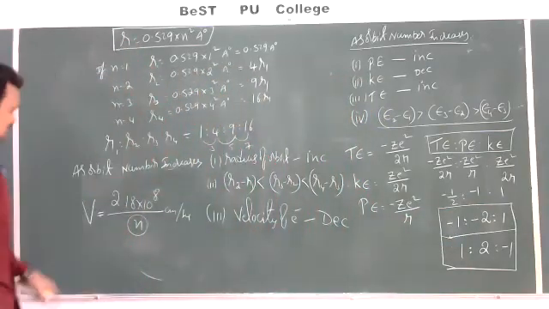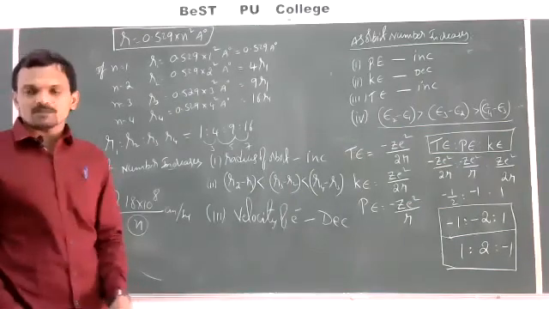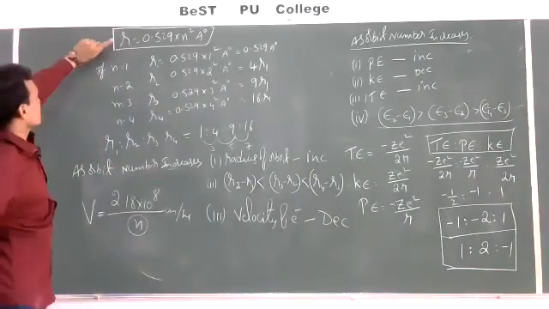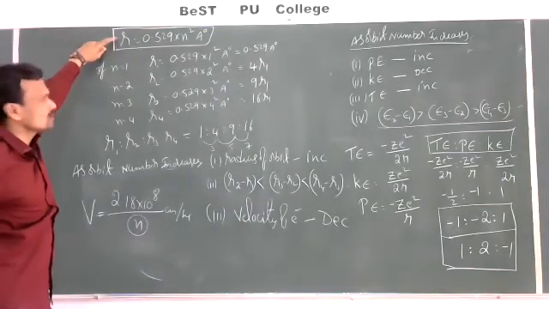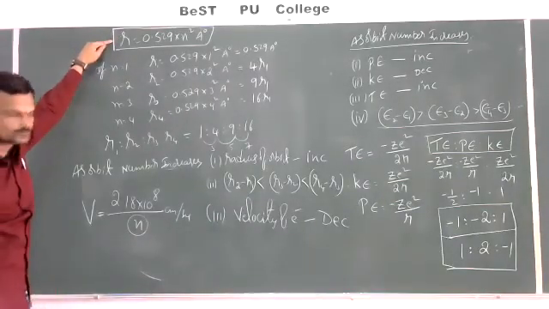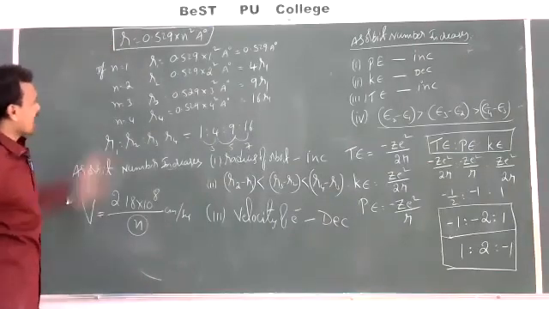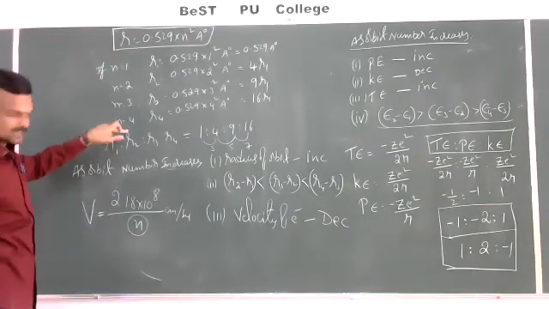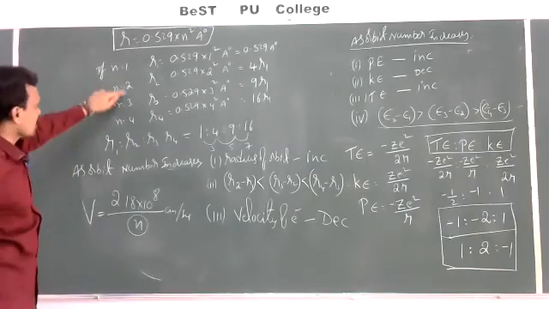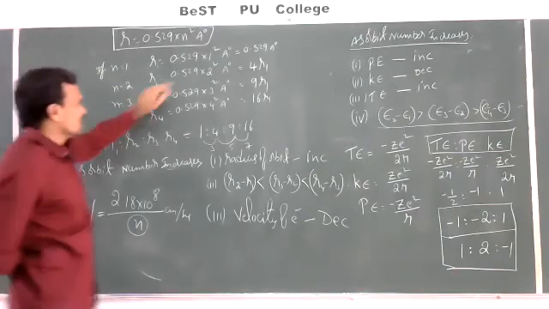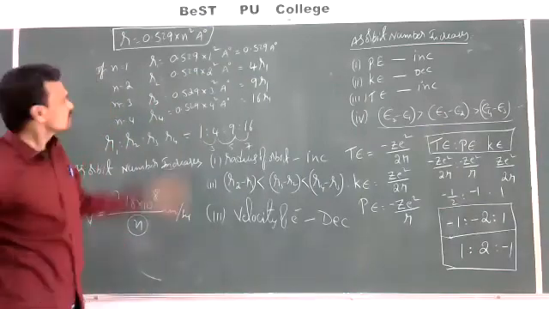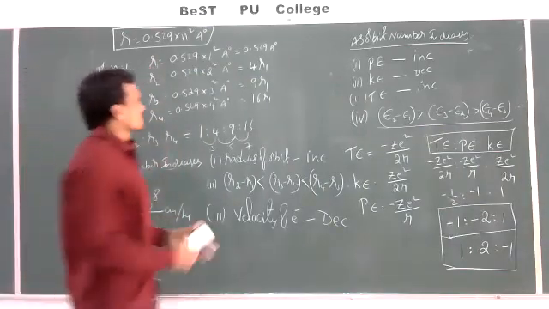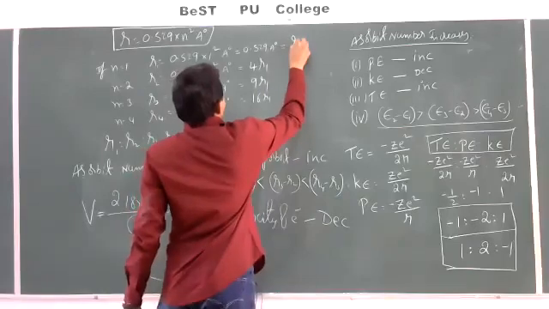Similarly, take the radius. The radius of the orbit r is equal to 0.529 into n square angstroms. In this case, as the orbit number increases, the radius of the orbit also increases. First orbit radius we have taken as R1, 0.529 angstroms.